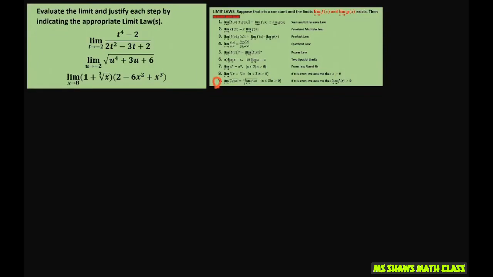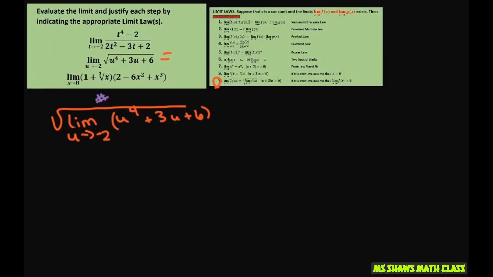So the first thing I'm going to do is write this as the square root of the limit as u approaches negative 2 of u to the 4th plus 3u plus 6. So this one was property 9. Now I'm going to use 1 and 2, and 1 and 2 here and do what we've been doing.